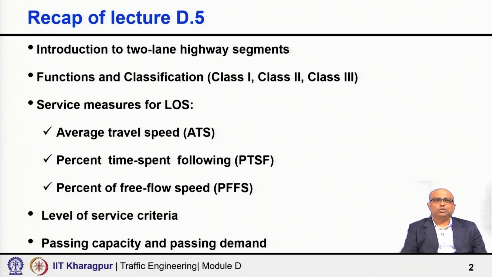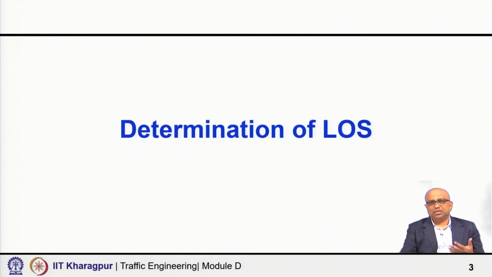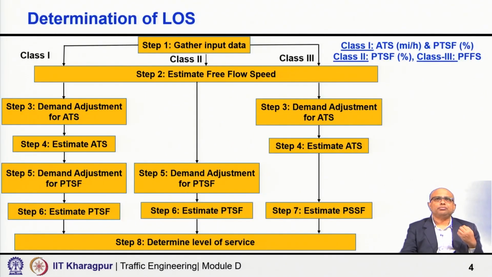With this background, today we shall see how we can determine the level of service for different classes of highway, particularly two-lane highway segments. As you know, for class 1 road, the service measures are average travel speed in miles per hour and percentage time spent following, expressed as percentage.